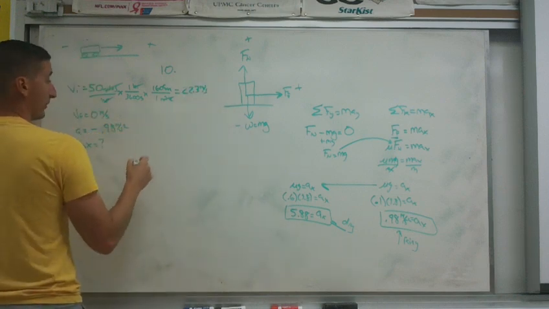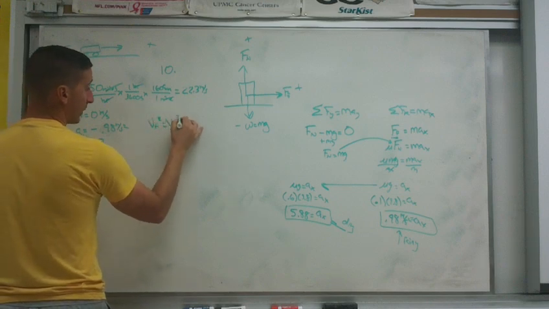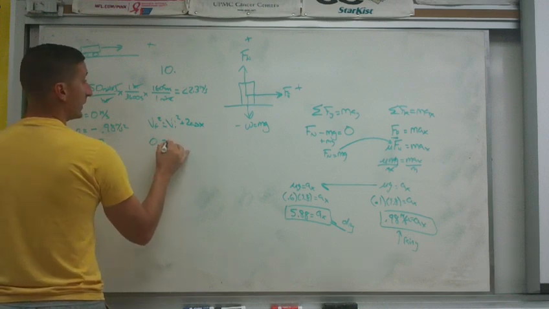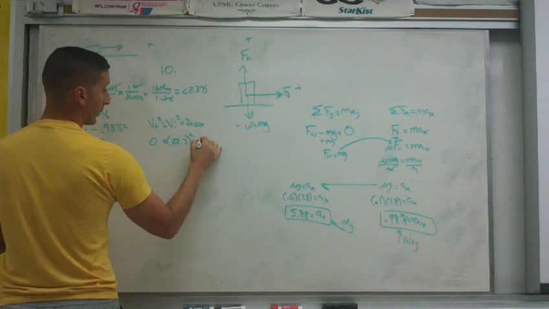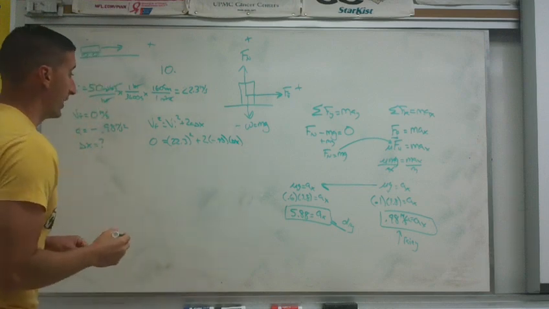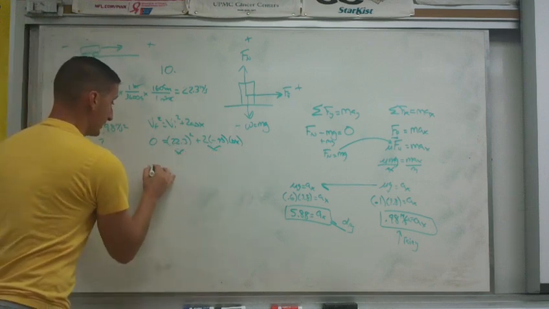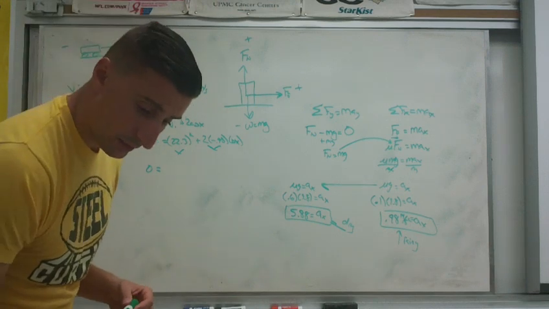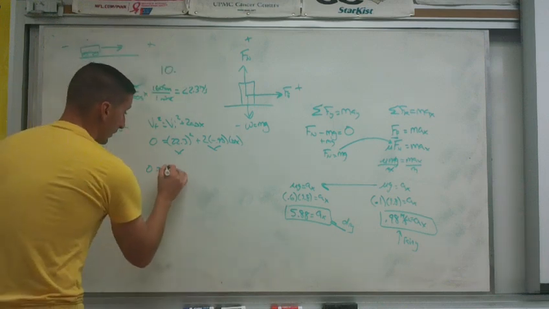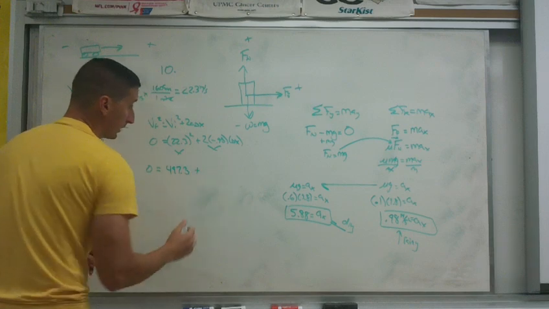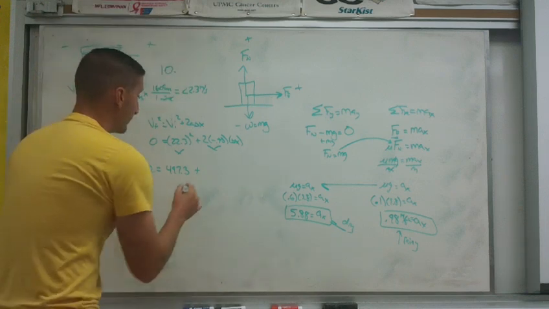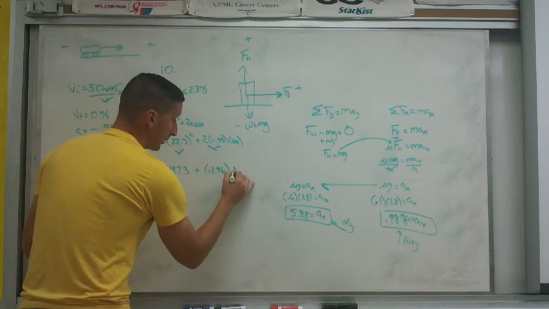I'll use this one. I look at the variables. Vf squared equals Vi squared plus 2a delta x. Vf is 0. Vi is 22.3 squared plus 2a, where a is negative 0.98, times delta x. So let's simplify. I get 0 equals 22.3 squared, 497.3, plus 2 times 0.98, I get negative 1.96 delta x.